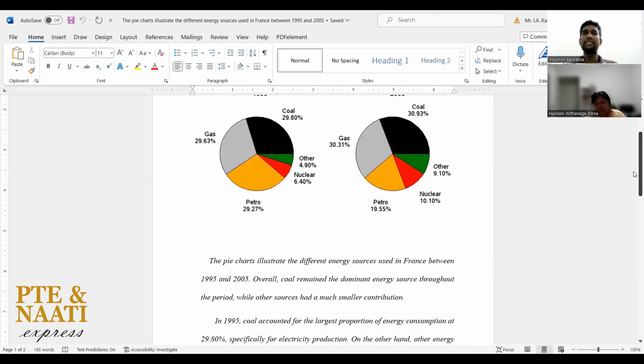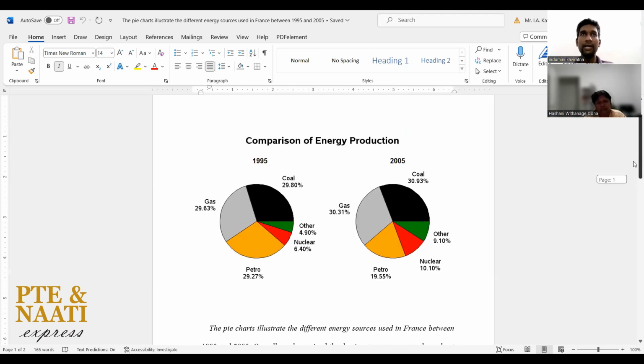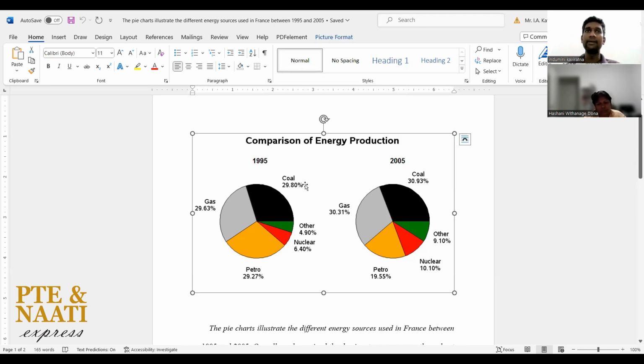From the question itself, we are introducing our introductory part, like: The pie charts illustrate the different energy sources used in France between 1995 and 2005. Only if it says the country is France, but actually in this pie chart question, it mentioned that this has been France.